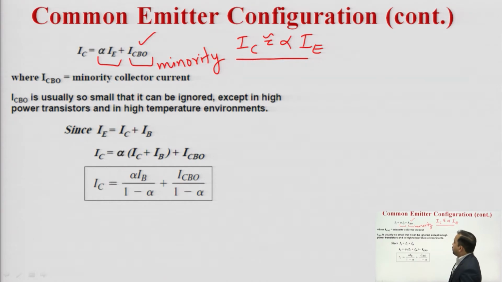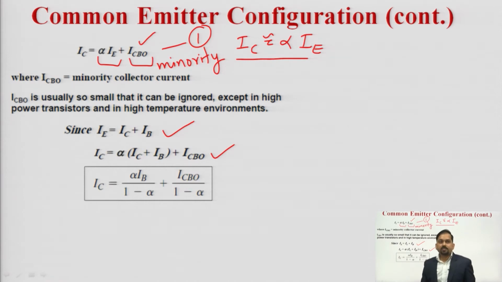Now, if we substitute IE equals IC plus IB in this equation, let us say equation number 1, then we have IC equals alpha times (IC plus IB) plus ICBO.